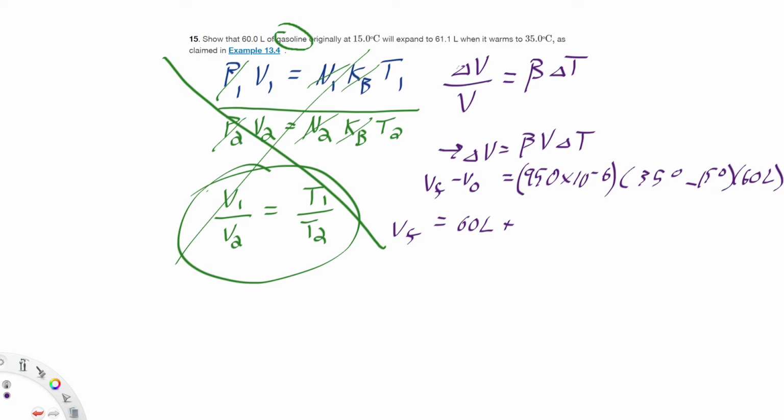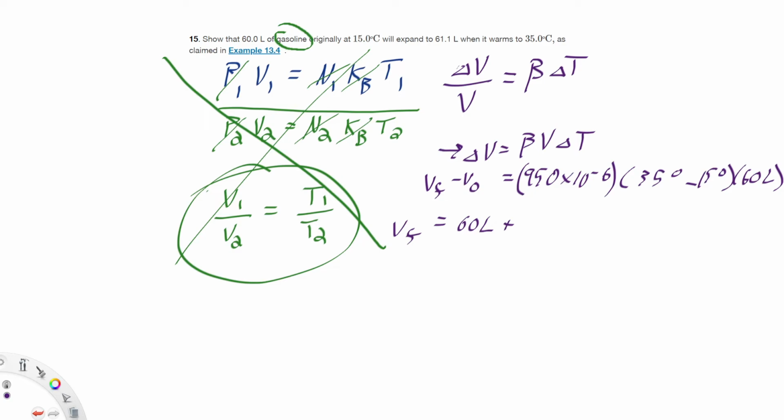And then after that, what do you mean, Yusuf? It is 20. 35 minus 15 is 20. Yeah, I am right. Okay.